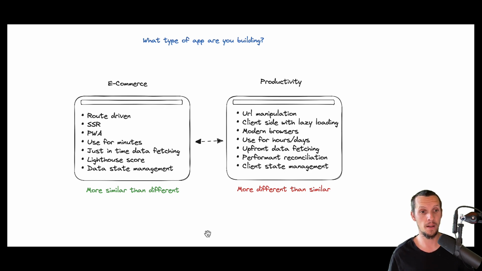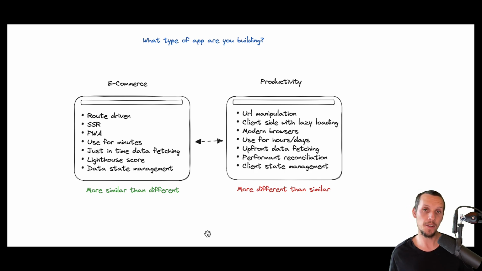In terms of data fetching, you really want to minimize the data fetching in an e-commerce solution, because you might be on a mobile device, which means that you're on a mobile network. And the way you really want to do this is to have just-in-time data fetching. So you want it to feel as seamless as possible, but you also want to minimize the data fetching.